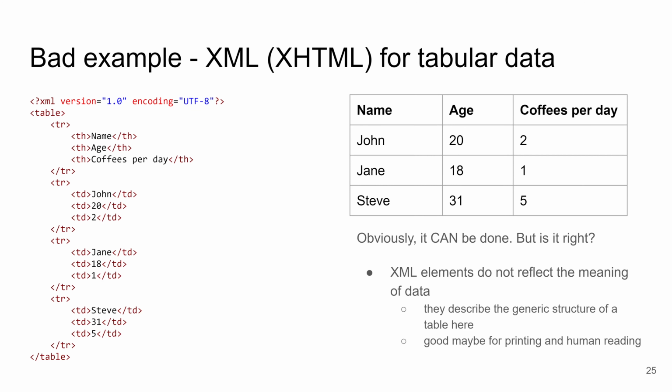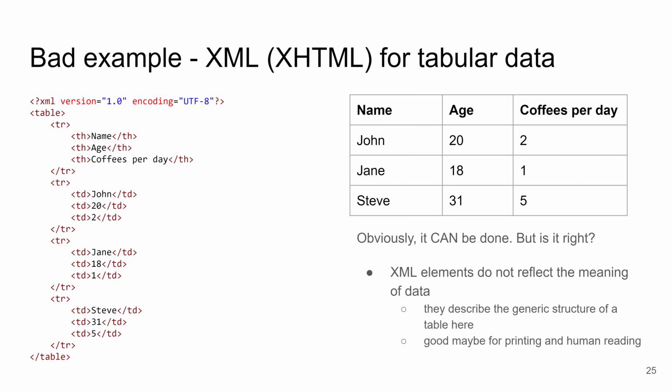One of the cases where it is not a good idea is using XML for tabular data. What we see here in the slide is basically a table. There is a name, age, and how many coffees per day this person drinks, and that's it.